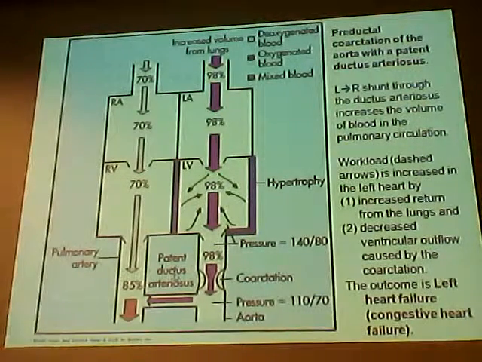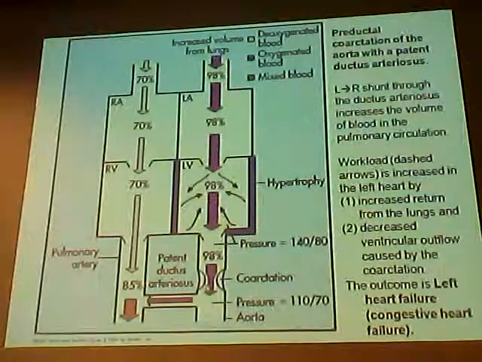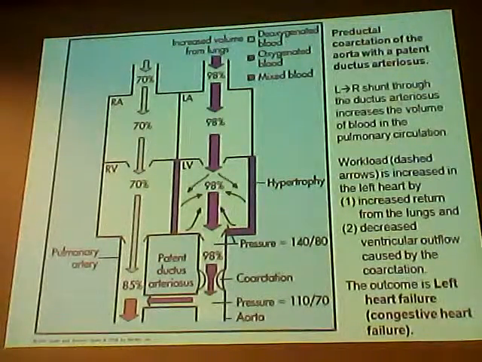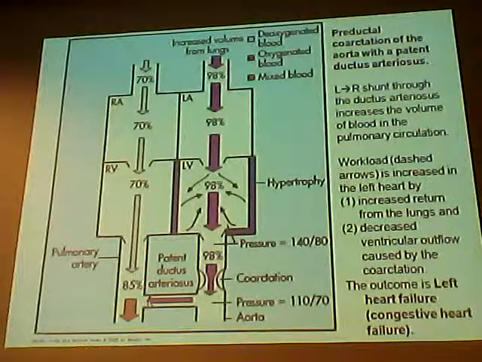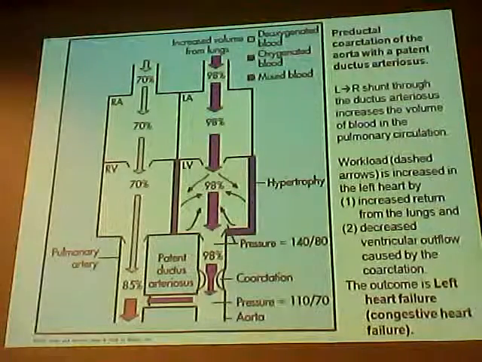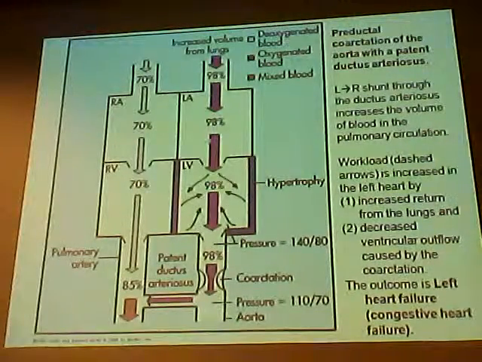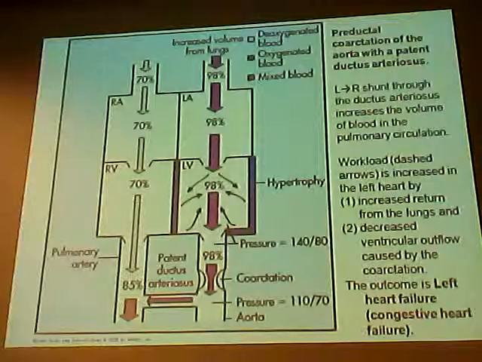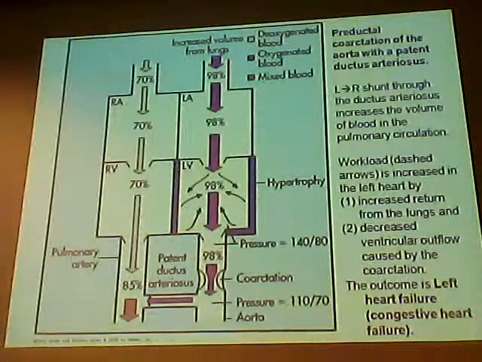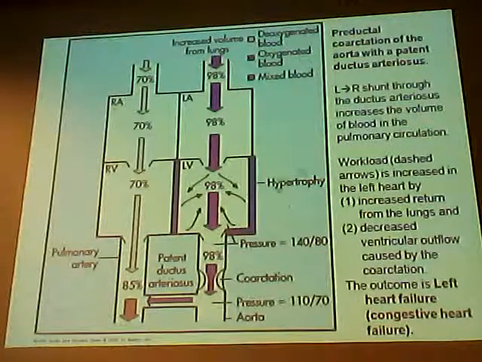Preductal, on the other hand, the narrowing occurs there, and you have this left to right shunt again through the ductus arteriosus, which increases blood volume into the lungs, into the pulmonary circulation, which causes increased volume to come to the left side. If more volume is on the left side, it has to work harder. If the left side has to work harder, then you hypertrophy.